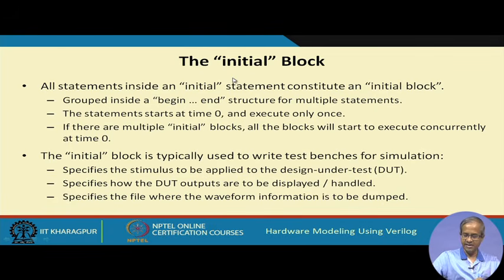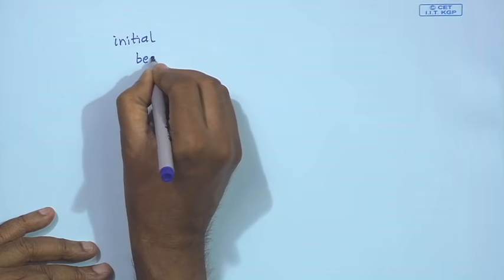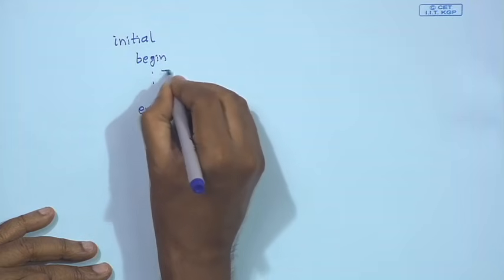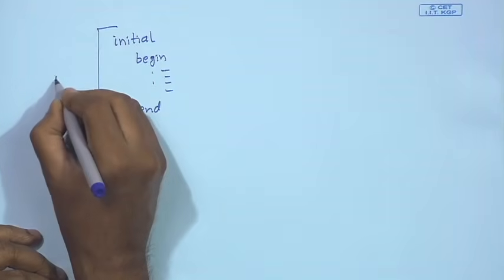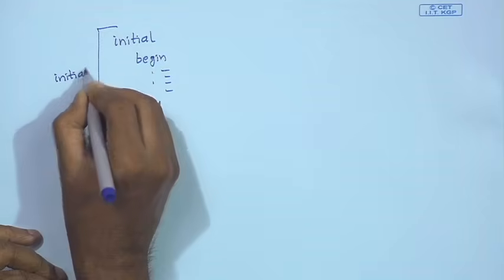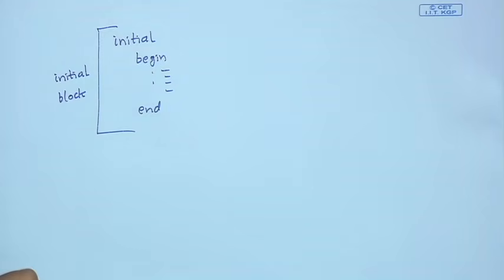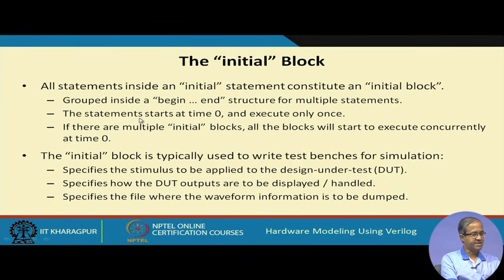So, an initial block comes like this: when you give initial, this is a statement, and inside it the statements are grouped in begin and end, and this is what is defined as an initial block.